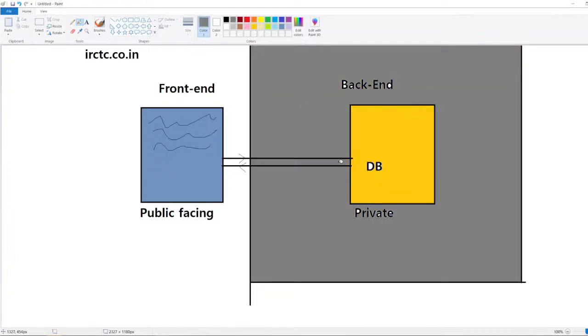Each company wants this to be a totally gray area for the user. They don't want the user to have any knowledge. And why do we want to protect it? So that any cyber attack can be prevented. I can have limited access, and a control over who is going to access my backend.